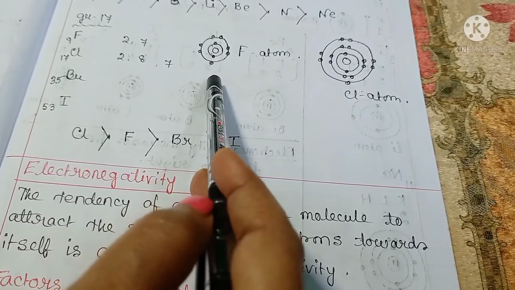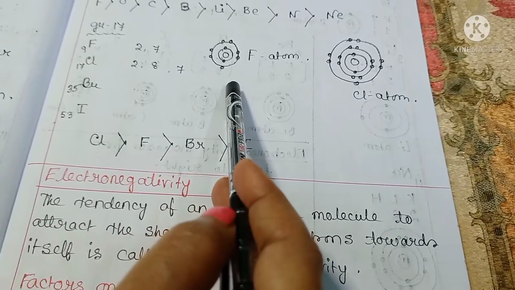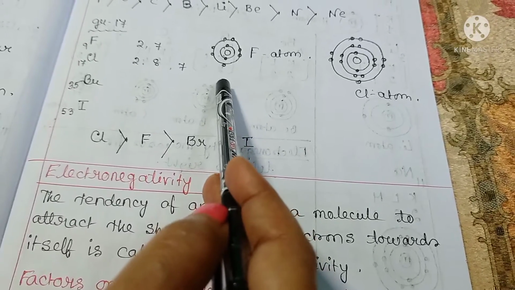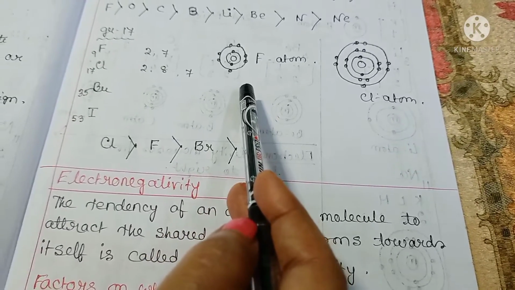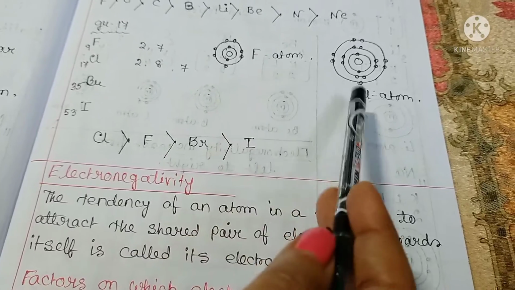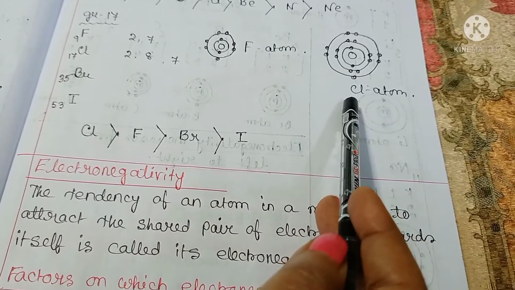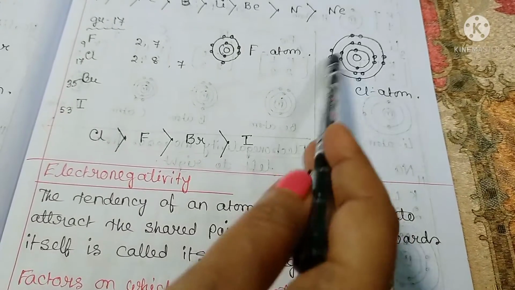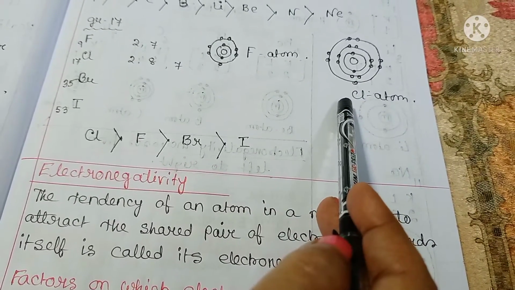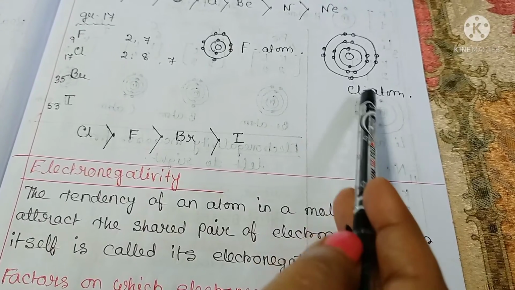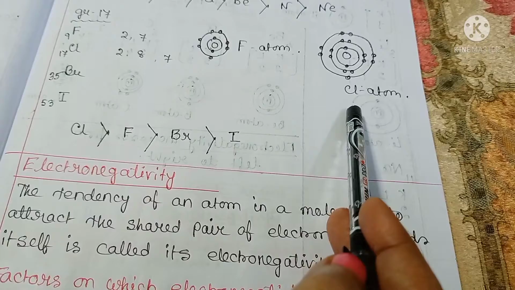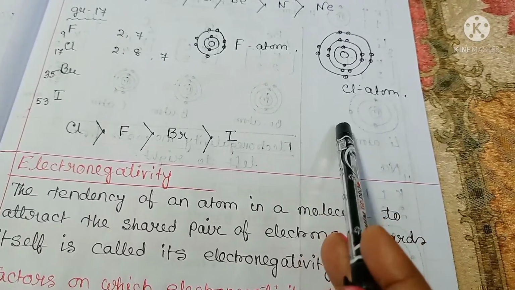Thus, the incoming electron does not feel much attraction. Hence, the electron affinity of fluorine is small. On the other hand, the electron is added to a relatively large shell in the case of chlorine, which can easily accommodate the additional electron. Thus, the electron affinity of chlorine is large.